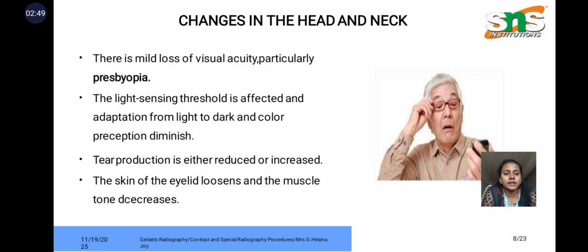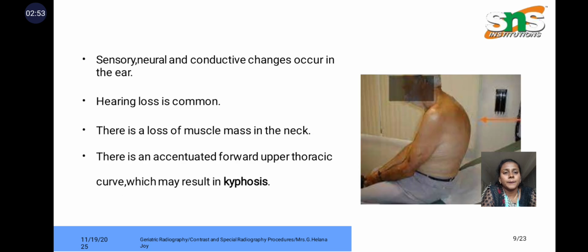The skin on the eyelid gets loose, and muscle tone decreases. Some sensorineural conductive changes occur in the ear, and hearing loss is the most common. There is a loss of muscle mass in the neck, and some elderly patients lean forward in the upper thoracic curve, which is known as kyphosis.